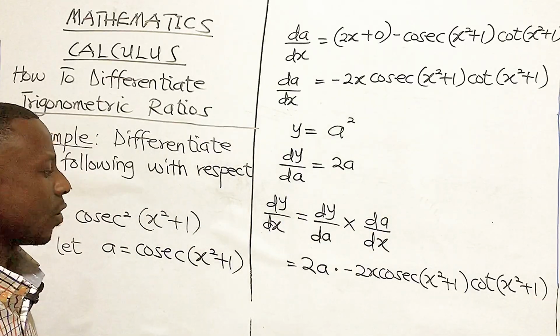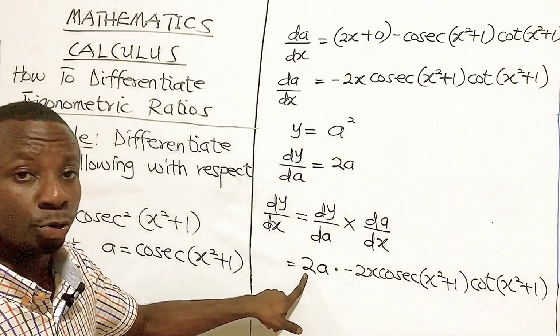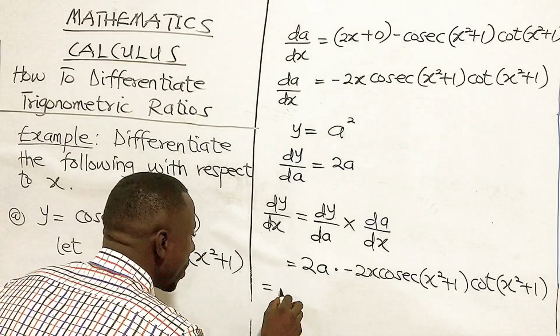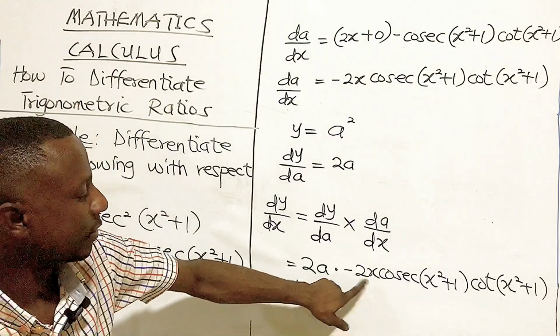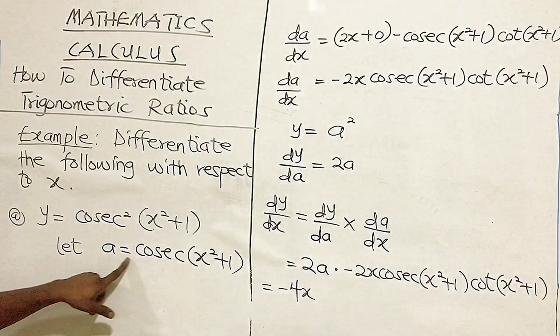So over here, we are going to make substitution. So we have 2 multiplying minus 2x, then we have minus 4x. Negative 2x times 2, we have minus 4x. A is the whole of this.